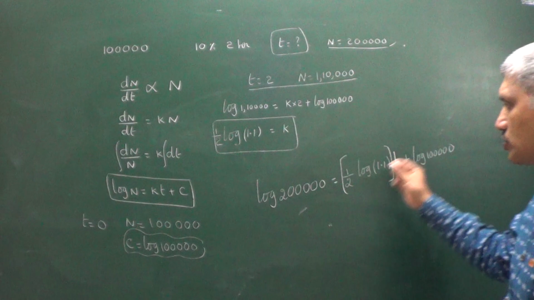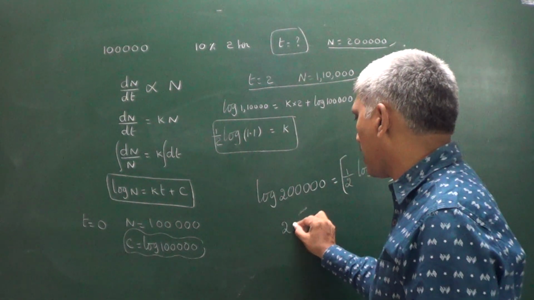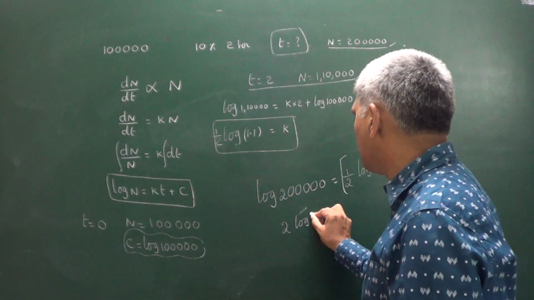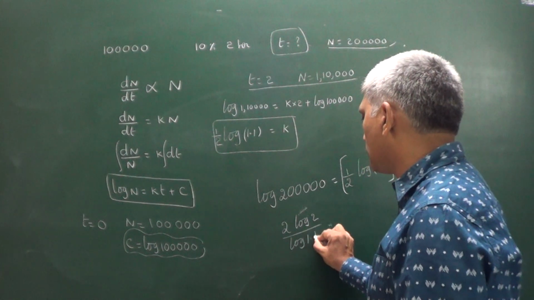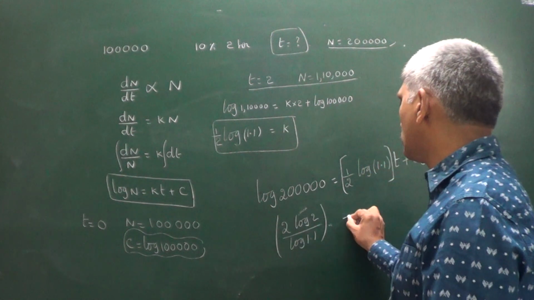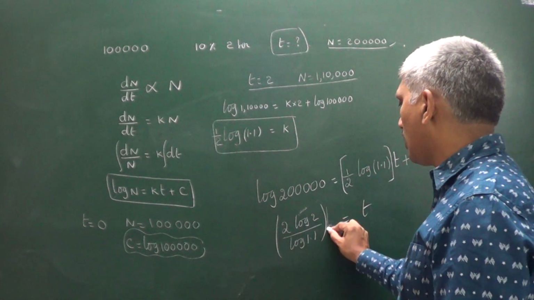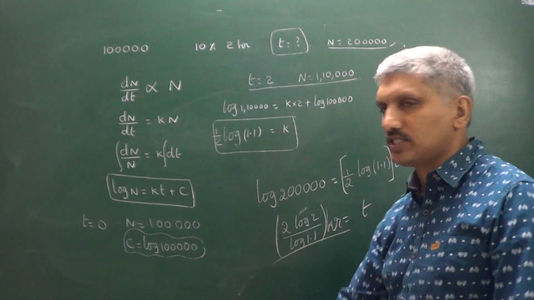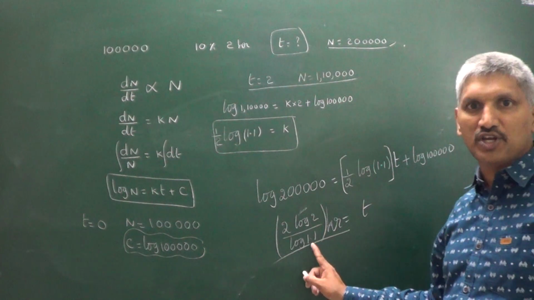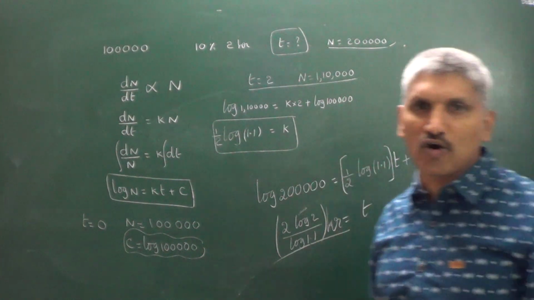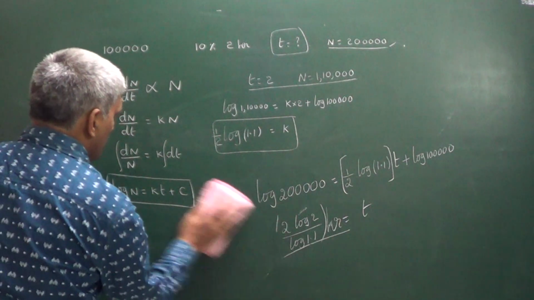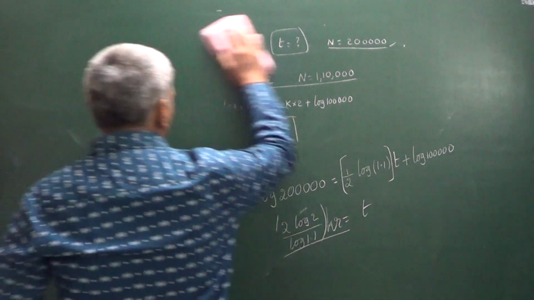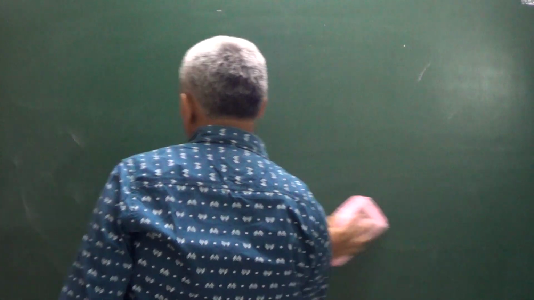Now shifting to this side, you will get t equal to 2 times log 2 divided by log 1.1. That means after these many hours the bacteria count reaches 2 lakhs. So that is one problem based on applications of differential equations.